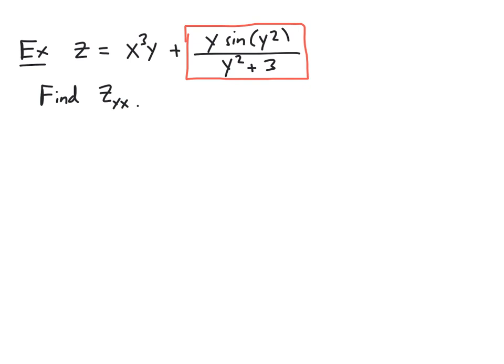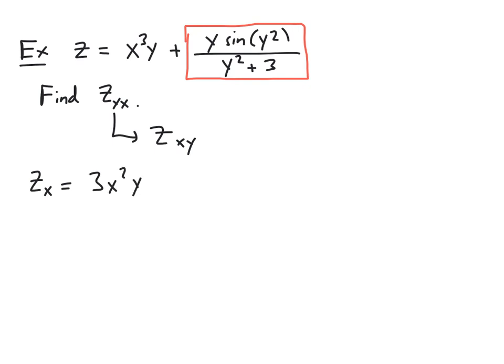Right? So when I look at this problem, mentally I realize that z sub y is complicated, but z sub x, the derivative with respect to x, is much simpler to compute. And since by Clairaut's theorem, we know this is equal to z xy. Right? And so to compute this is much, much simpler. Z sub x is just 3x squared y.